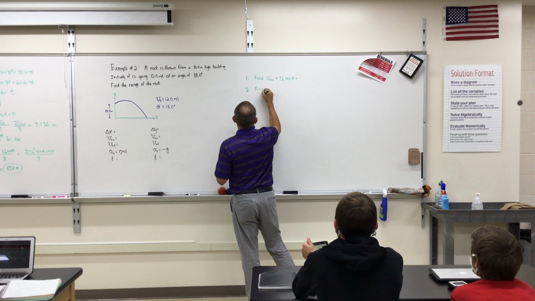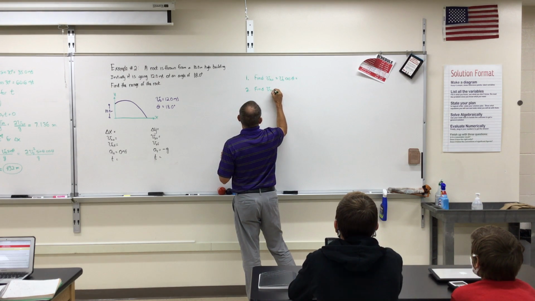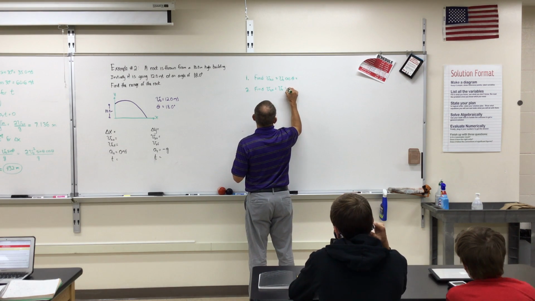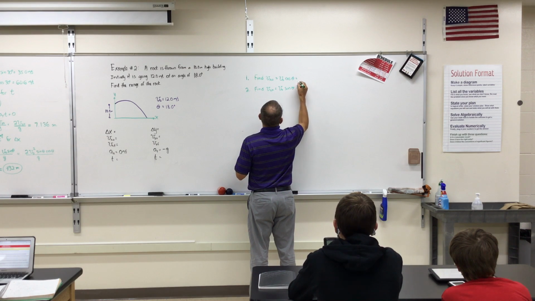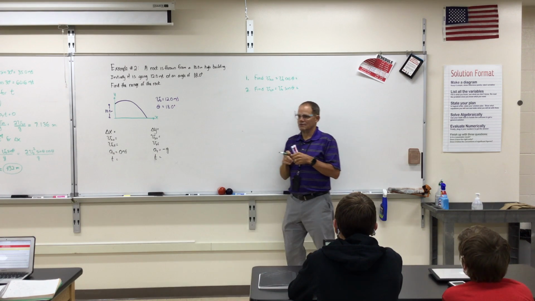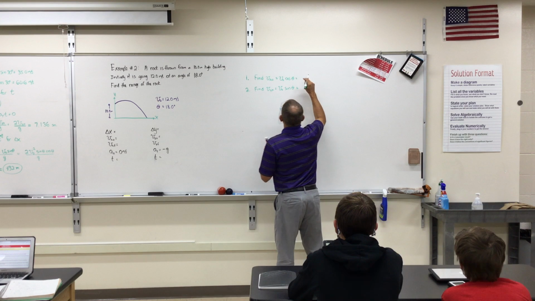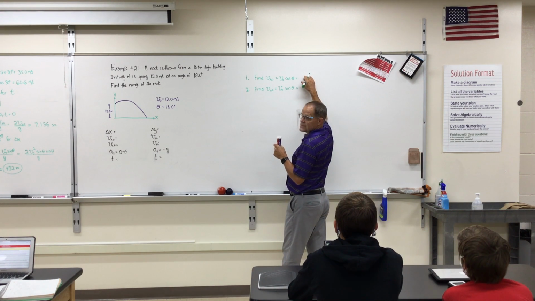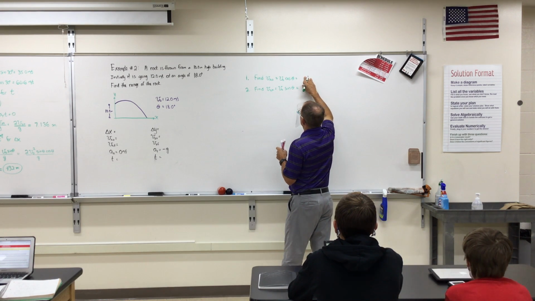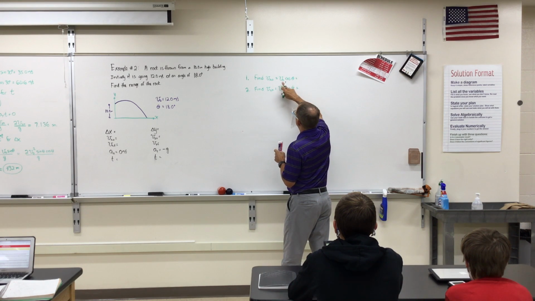And we are going to find, while he's doing that, velocity in the y direction initial, which is v0 sine theta. 114? Which one? For the first one. It's what? 114. I don't think so. 12 times the cosine of 18. 12.